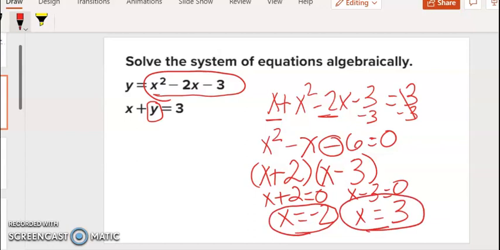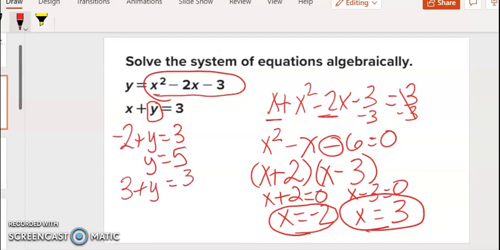Now we want to find out what the y is when x is negative 2. So we're going to plug in a negative 2 for x in this short equation, and we're going to solve it. So y would be, if I move the 2 over, that would be 5. And then if x was 3, then move the 3 over, y would be 0.